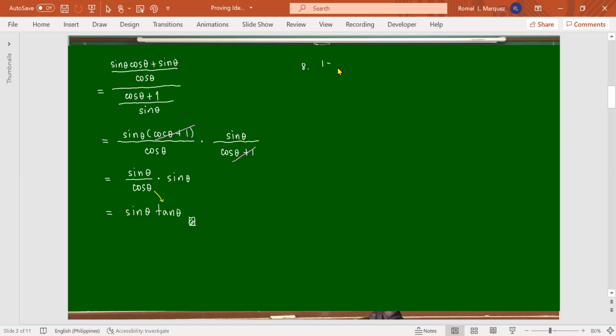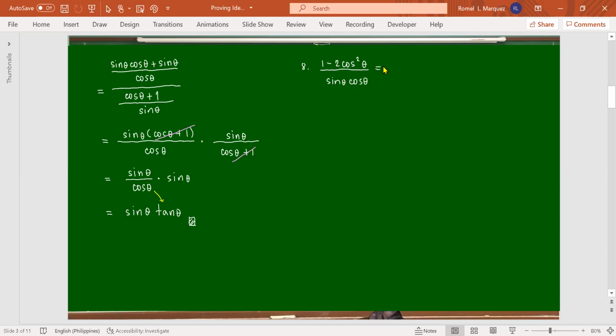So given 1 minus 2 cosine squared theta all over sine theta cosine theta. Okay?